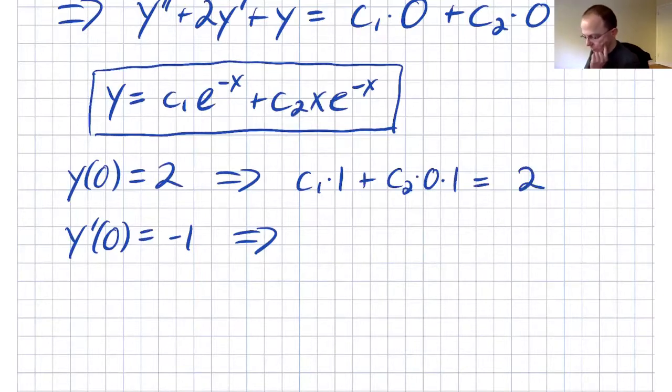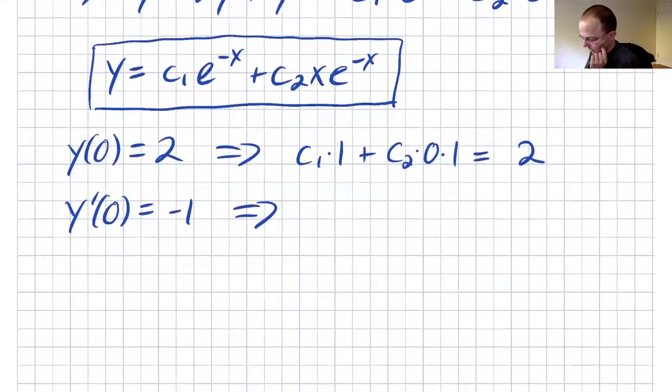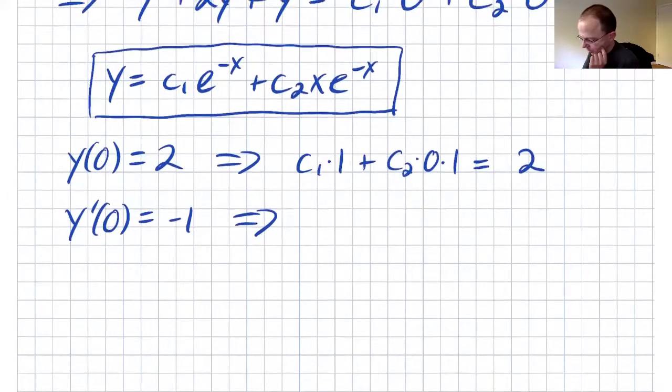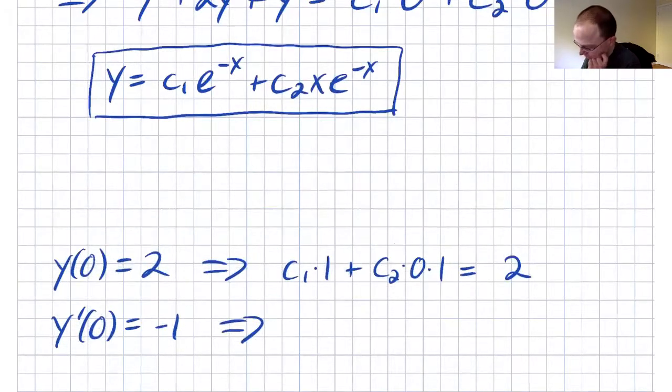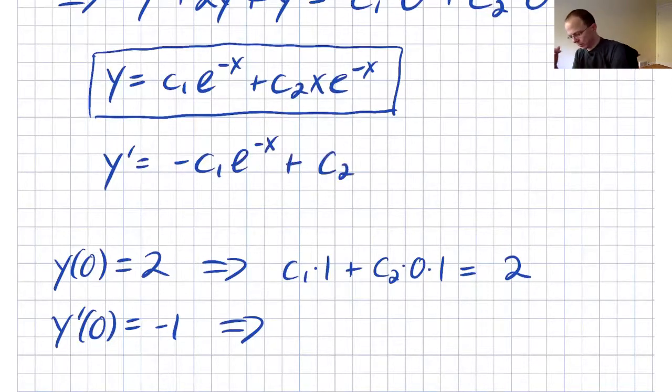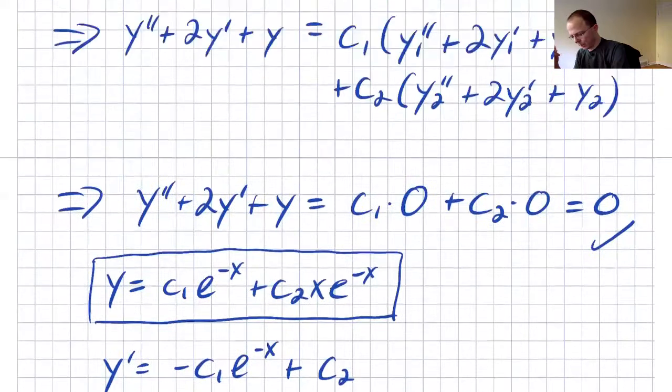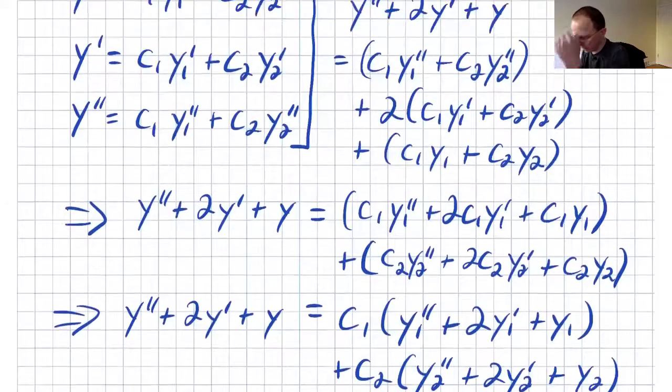Now what about this y'(0)? I guess it would help to actually have y prime. So maybe let's just write down the formula for y prime. That'll make our lives a little bit easier. So y prime is equal to -c1 e^(-x) plus c2, and then this is going to actually be y2 prime, which I have a formula for up here already.